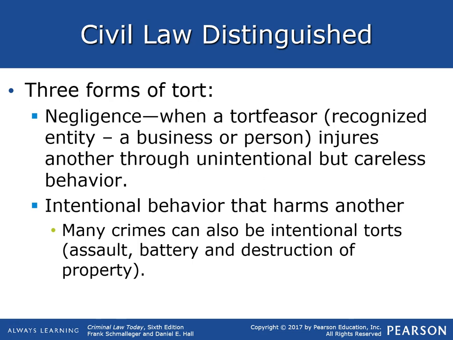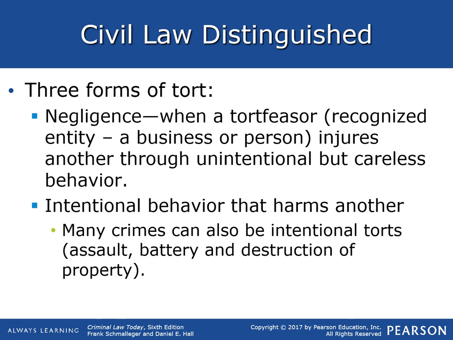The first one, negligence, and basically they call it a tortfeasor. So when a tortfeasor, a recognized entity, a business or a person, injures another through unintentional but careless behavior. The next one is intentional behavior that harms another.